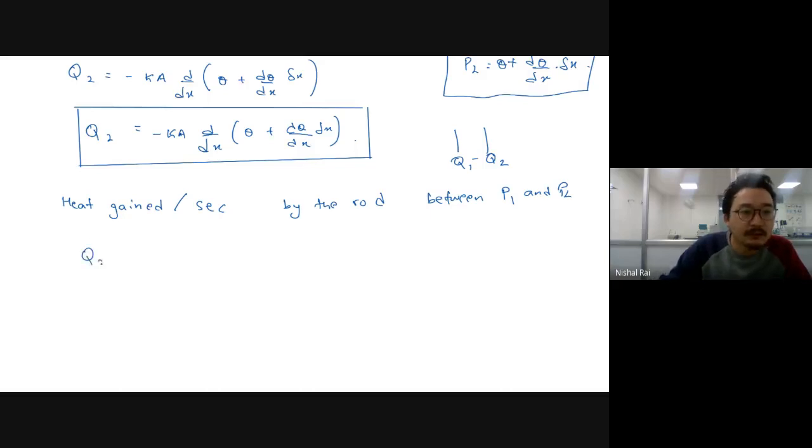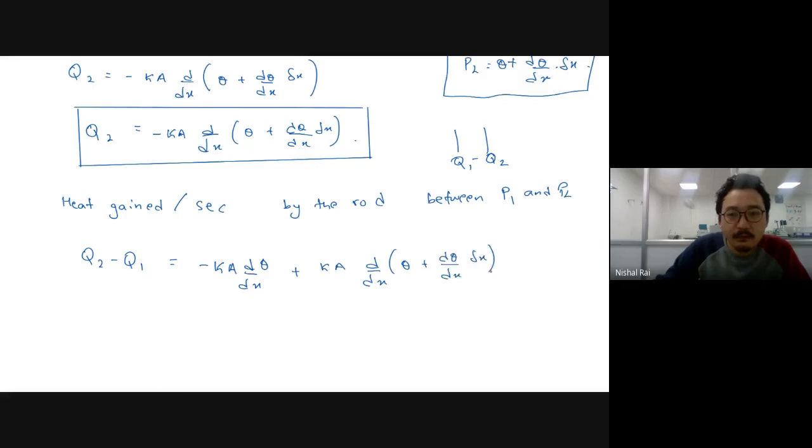So Q2 minus Q1 will give you what? I think the first term will just cancel out, or let's just write it explicitly. d by dx of theta with negative sign, it will be positive, into delta x.